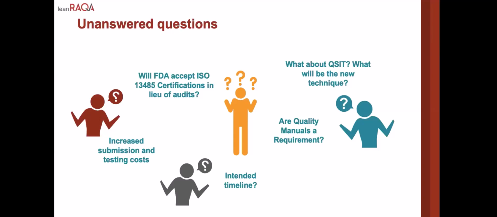Last but not least, what about QSIT, or the quality system inspection technique? This is the FDA's unique methodology to conduct inspections. It's very different than the ISO 13485 checklist, and we'll go through and compare and contrast those concepts.